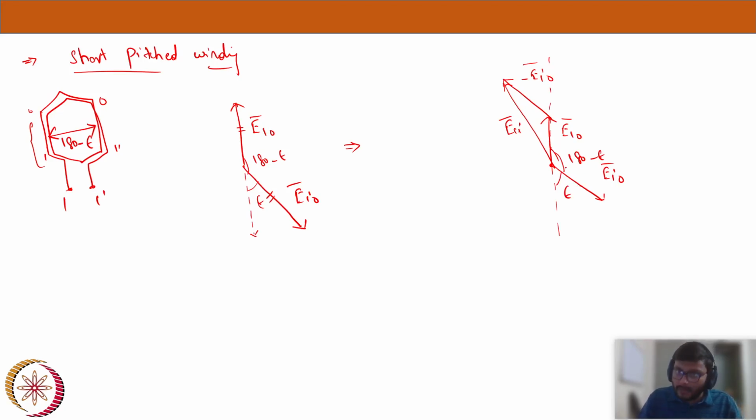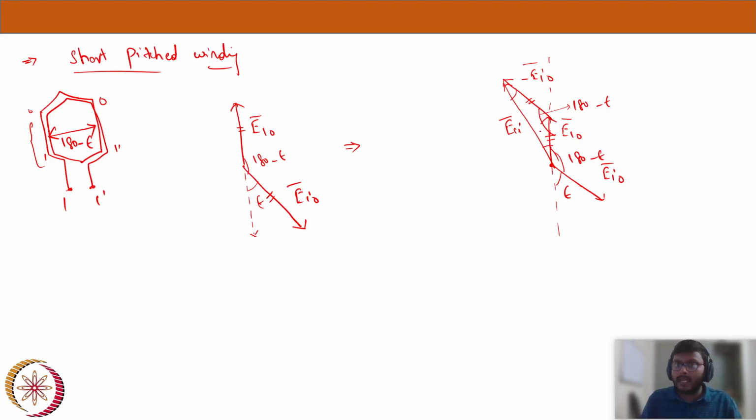I know this angle is 180 minus epsilon, and this is epsilon. If this is 180 minus epsilon, this will also be 180 minus epsilon, and these two are equal sides, so this is an isosceles triangle. The sum of the angles in a triangle is 180, so if this is 180 minus epsilon, the sum of these two angles should be epsilon.